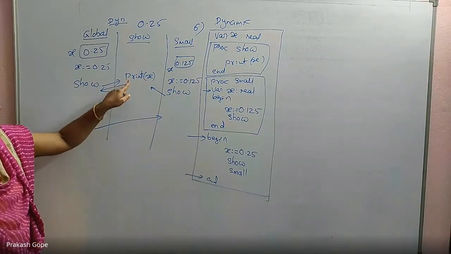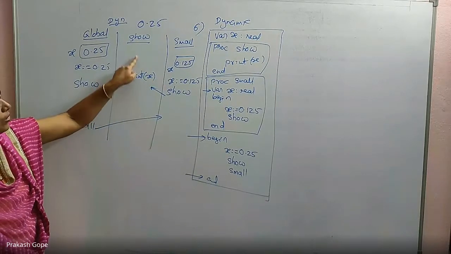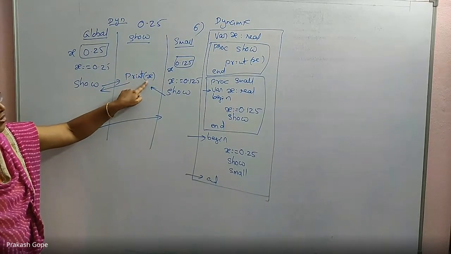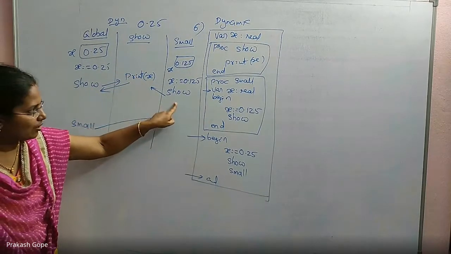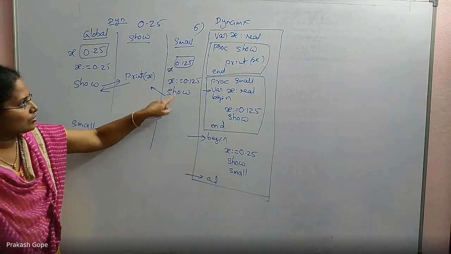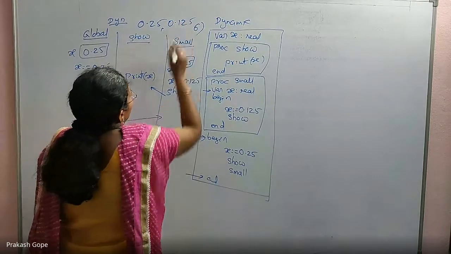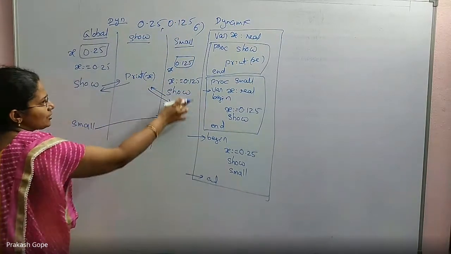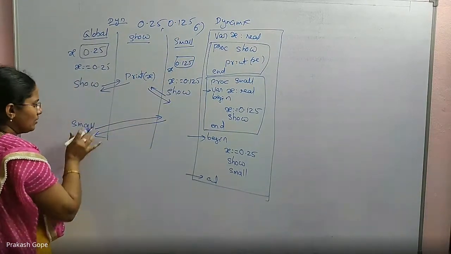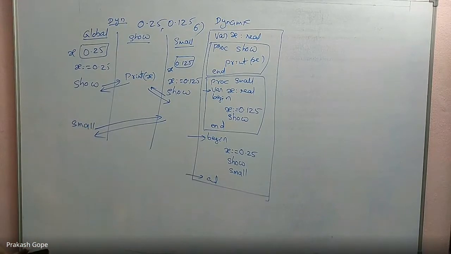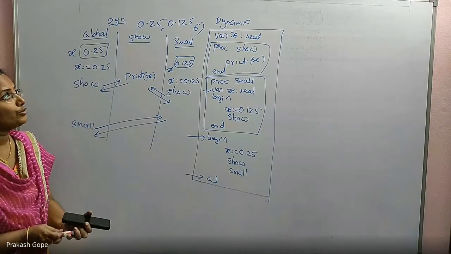In show, execute the line print x, but I don't have a locally declared x here. So calling environment x, this is the calling environment. So calling environment x is 0.125. Executed, come back. This execution is also finished, come back. Finish the program, that's it. So the output is 0.25 and 0.125.